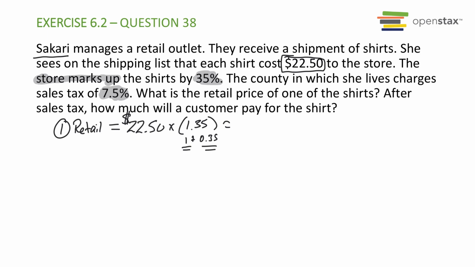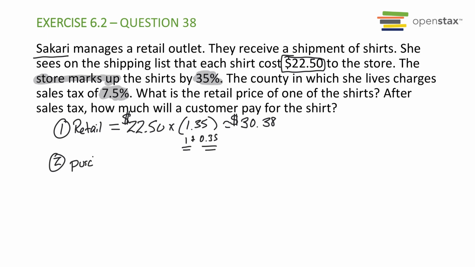So 22.50 times 1.35 is going to equal $30.38. It's not really how we usually price things here in the United States, but just based on this problem, $30.38.